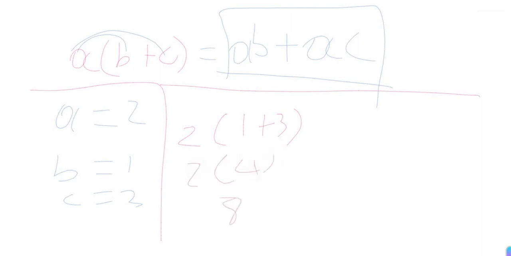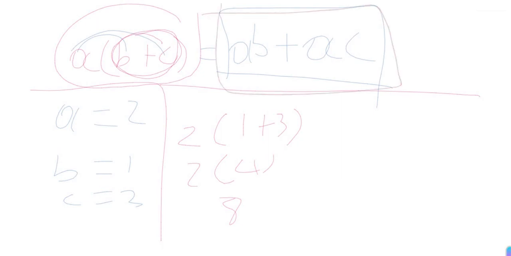So this side would be 8 because we're working what is in the parentheses first. After adding them, we multiply the scalar value by what is inside the bracket. But we could try this another way and see if we get 8 just the same.